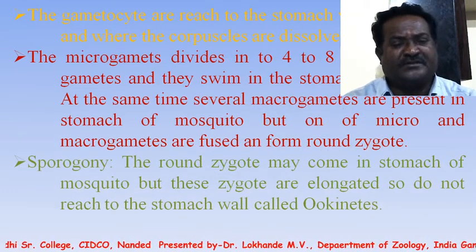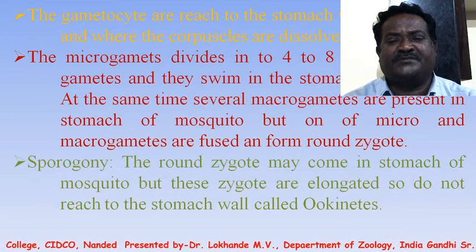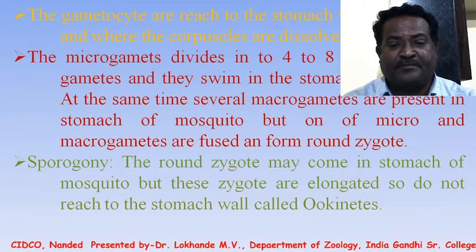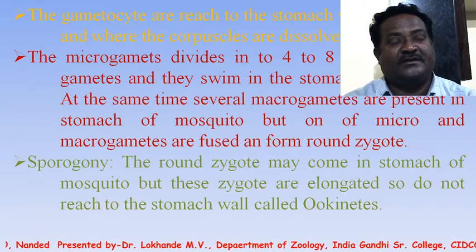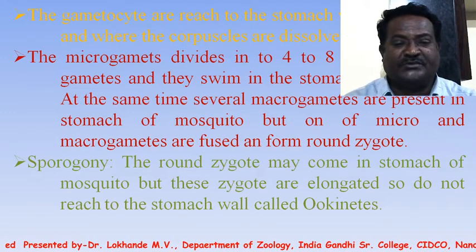Now the zygote may come into the stomach of the mosquito, but these zygotes are elongated, so they do not reach the stomach wall.